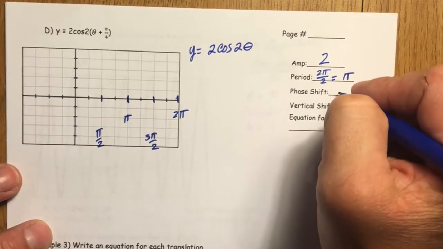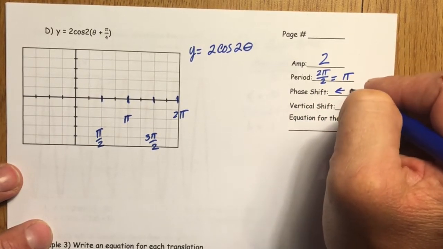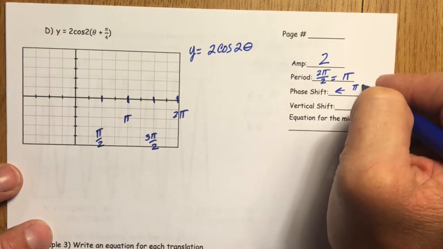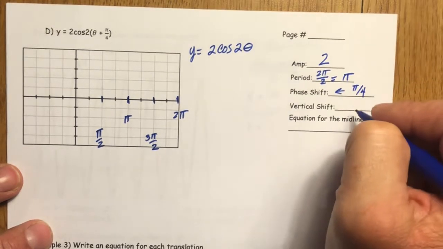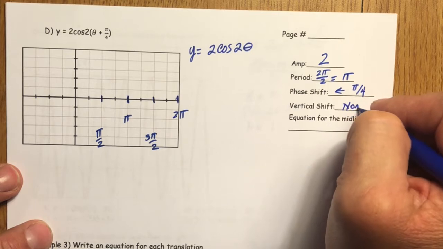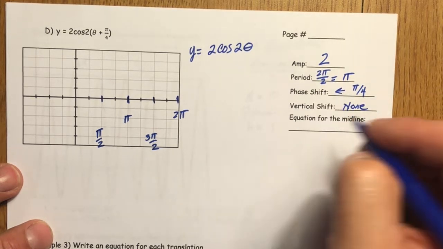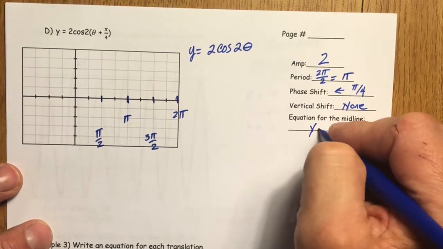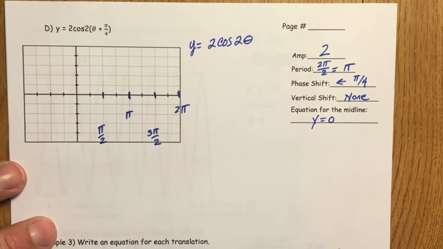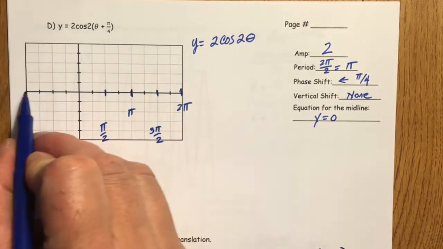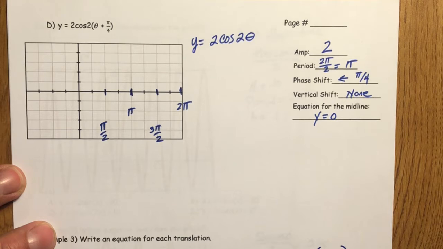The phase shift, we are going to go left pi over 4 units, and I have none for vertical shift. If there's no vertical shift, y equals 0 is my midline, so my midline is going to be the x-axis there.